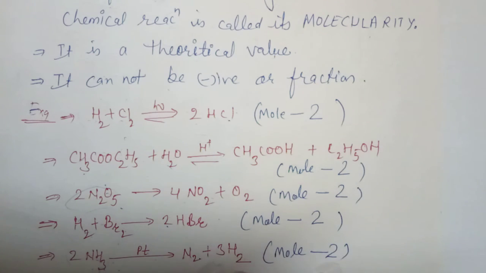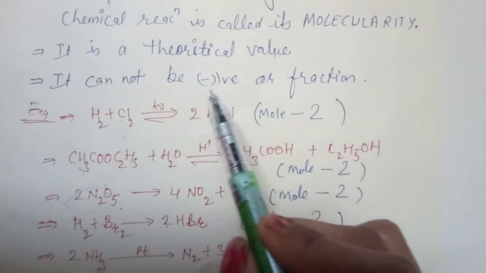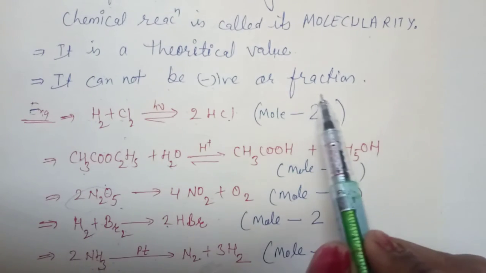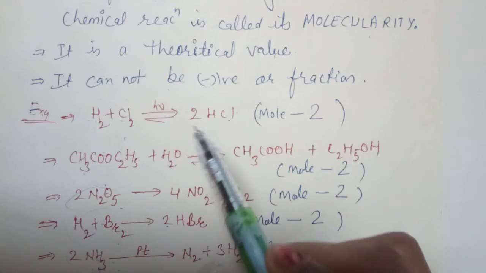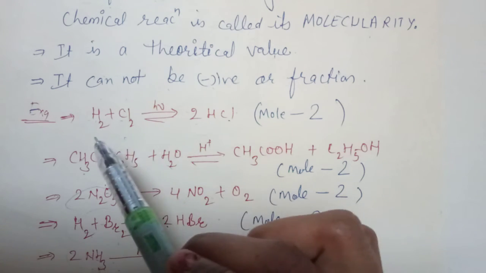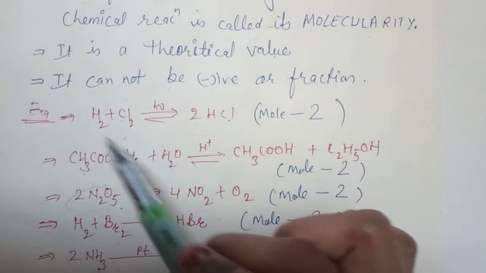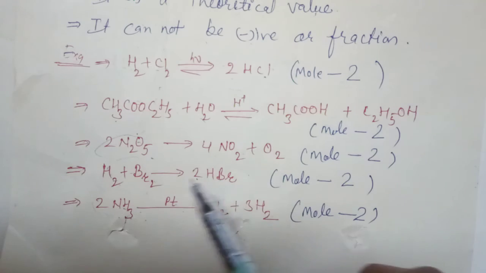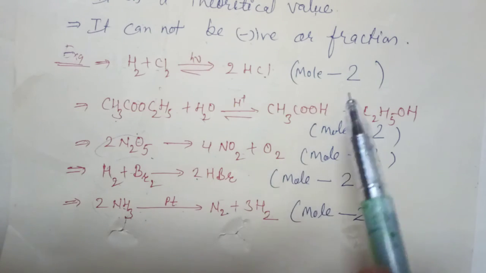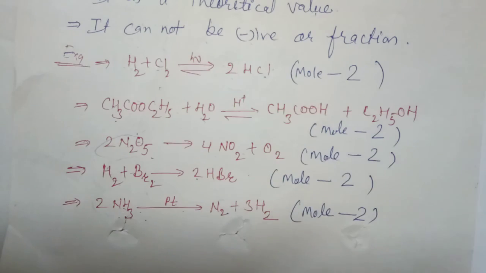So it cannot be 0, negative, or fractional. It is always a whole number, obtained from the balanced chemical reaction. Clear? Bimolecular reactions are those in which the molecularity is 2.